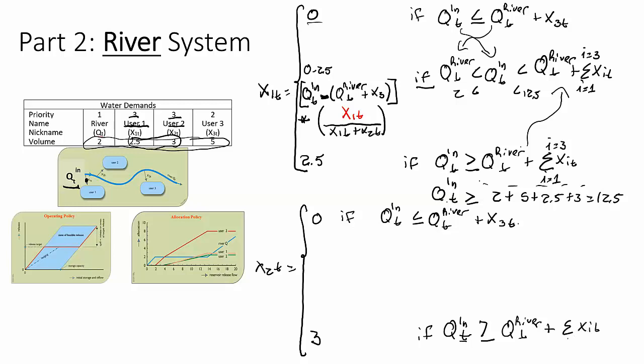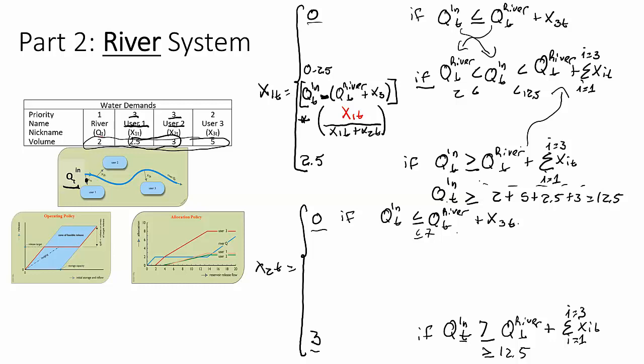So when Q in is greater than 12.5, this guy will receive 3 units. When Q in is less than 7 units, it will receive 0. When can it receive something in the middle?